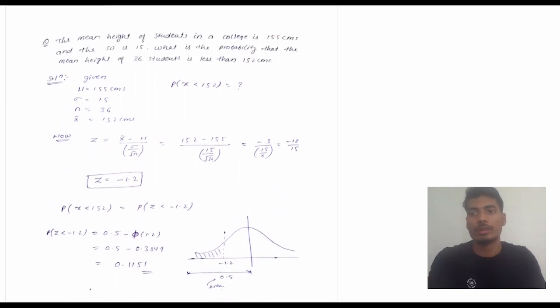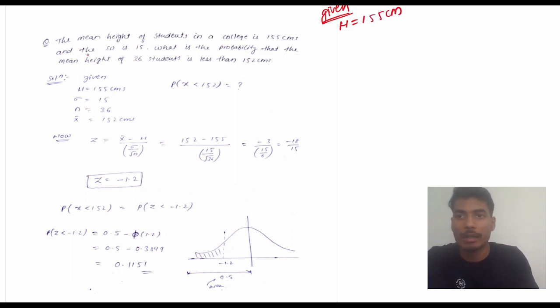Now see this question. The mean height of students in a college is 155 centimeter. So write here given. While reading the question only, you can extract the data from the question. Mean is 155 centimeter, and the standard deviation is 15.